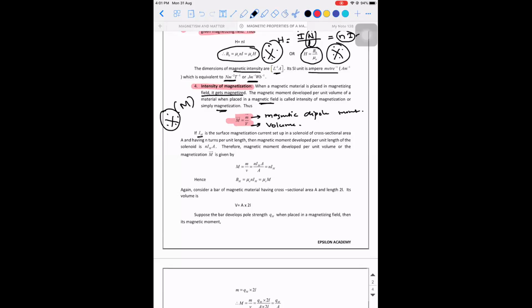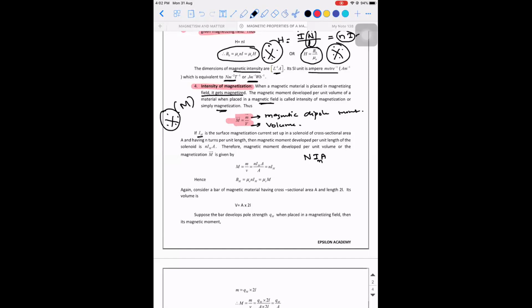If Im is the surface magnetization current, area A and having n turns per unit length, okay, small n turns per unit length, then the magnetic dipole moment developed per unit length of the solenoid will be what? So what is the basic formula for a magnetic dipole moment? The basic formula for a magnetic dipole moment is n into I into A. I hope this point is clear. So here, what is the current that is getting generated on the surface of it? It is Im. But what are they asking?